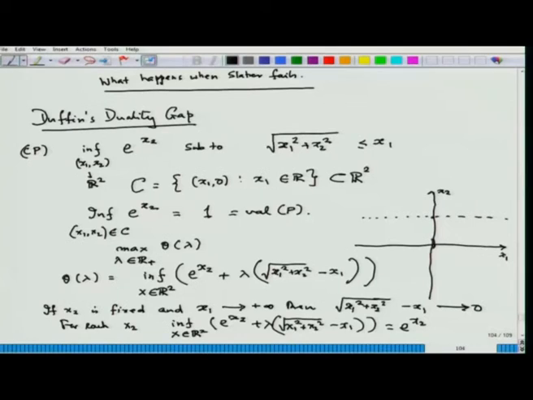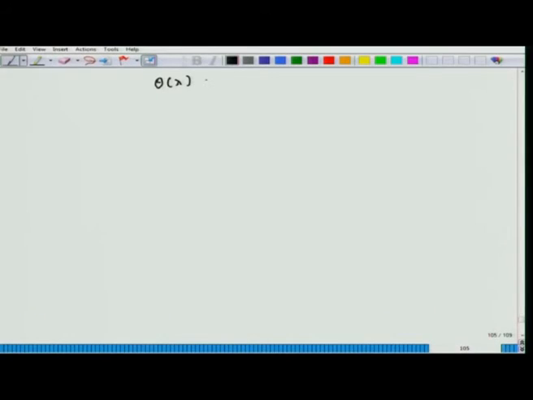Now, if I vary x2, then I am varying the function over the whole plane, and thus I get the minimum over the whole plane, and e to the power x2 goes to 0, so the minimum is 0. So, theta of lambda is actually 0 for any lambda greater than or equal to 0 you choose.